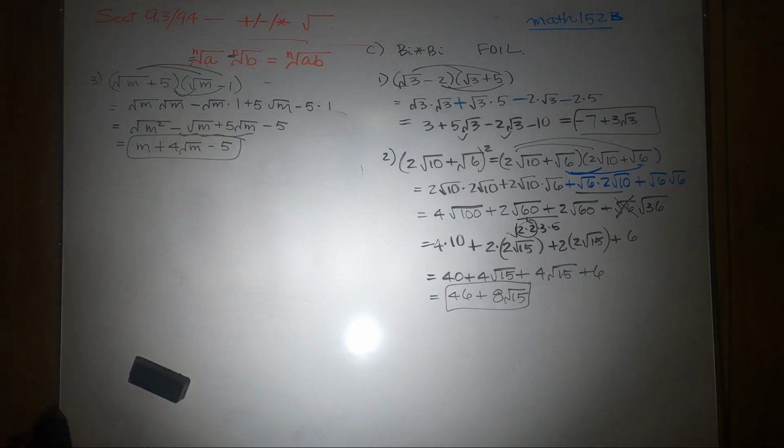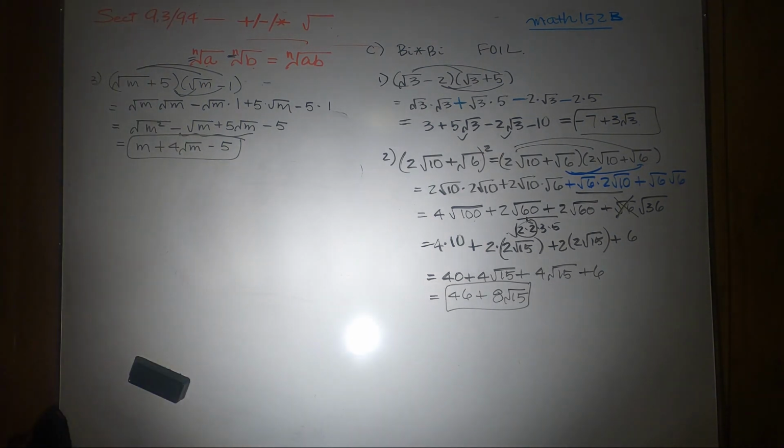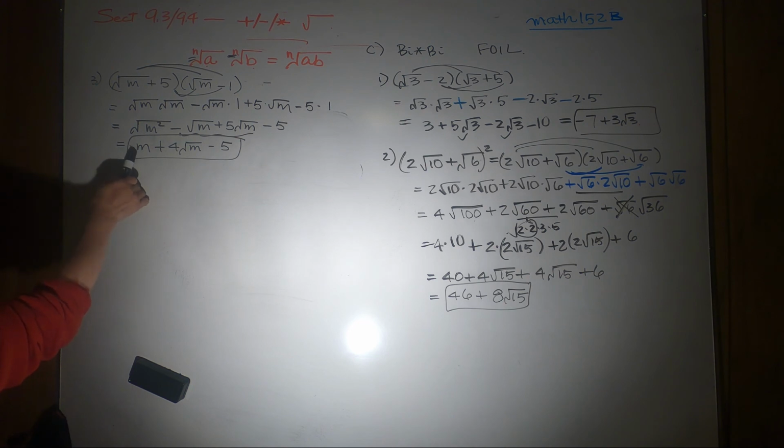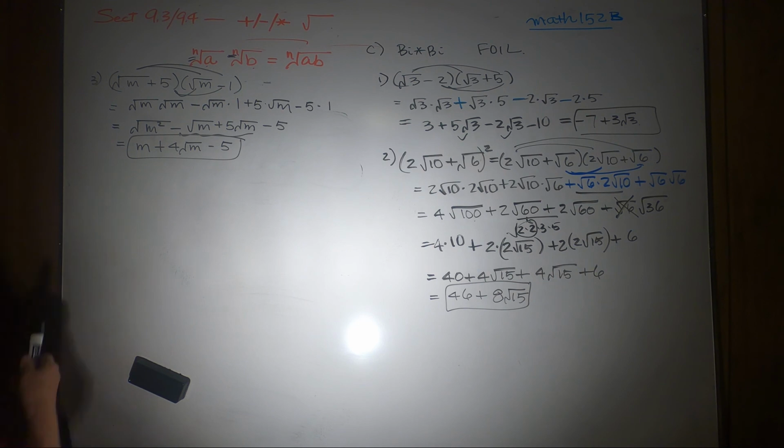So that's the simplest form you might have. Usually you will have some numbers plus radicals when you multiply.